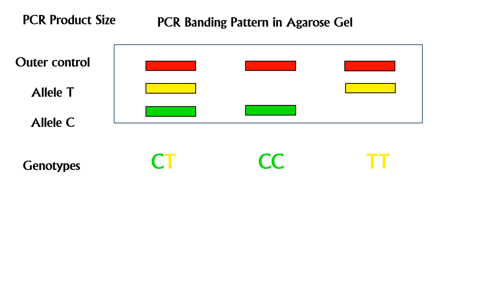For example, in the lane having 3 bands, we can see that the outer primers have worked and the 2 inner primers have also worked, and as a result 3 bands are formed.